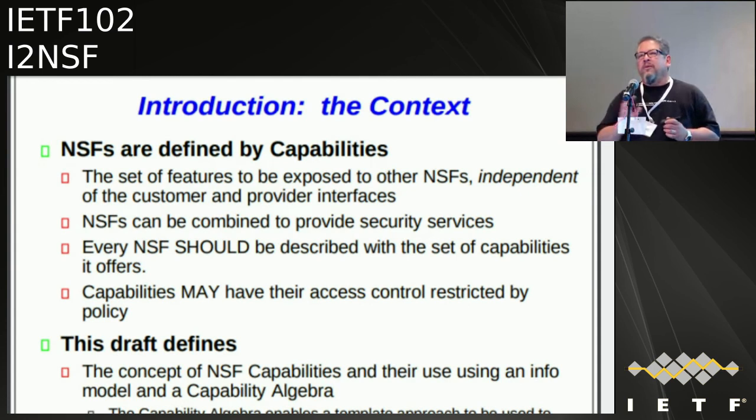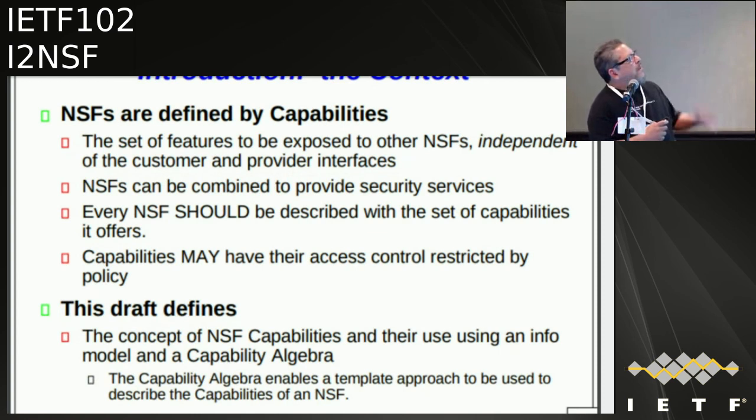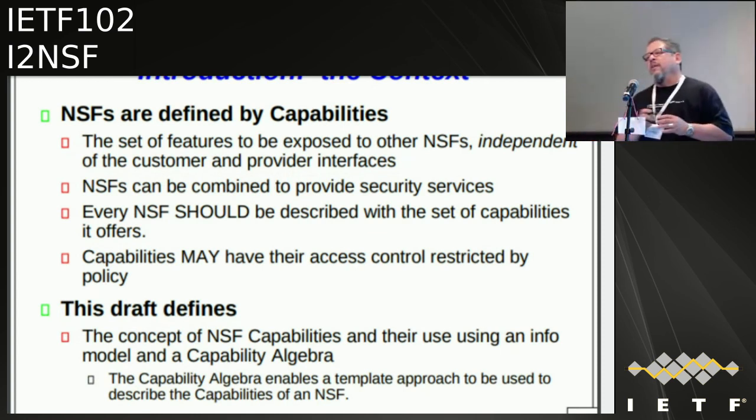So who has read the draft? This is kind of an important draft if we're going to do models. Please read it. Basically, a capability is a function or a set of functions that are advertised by an NSF. They can be vendor independent.